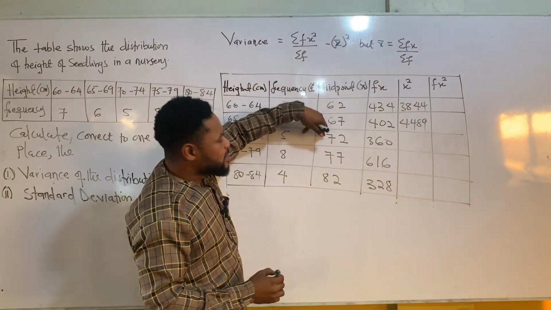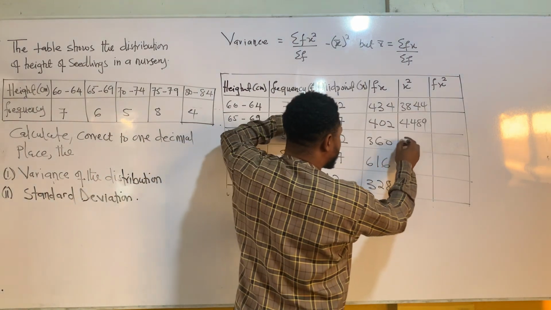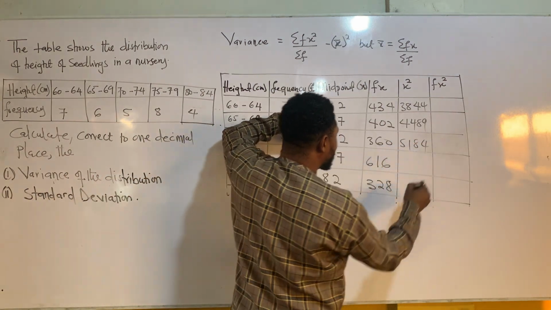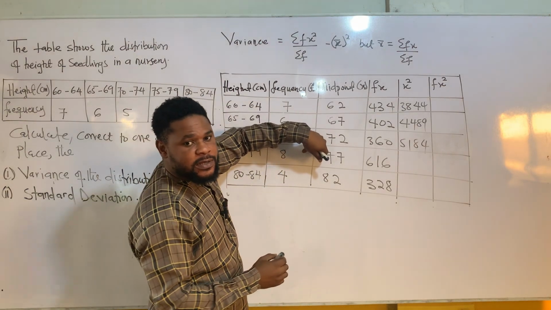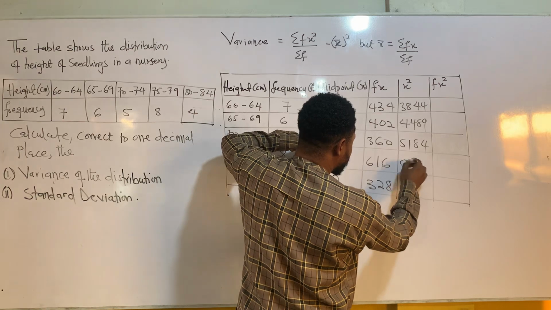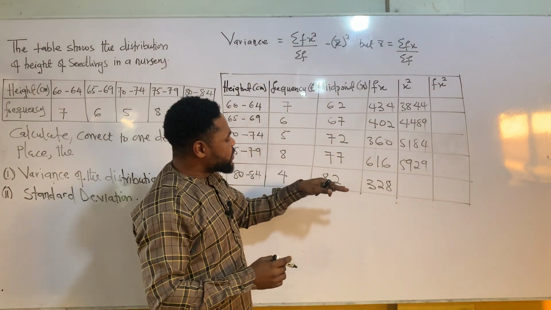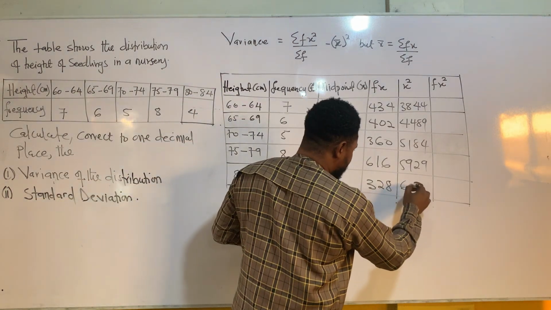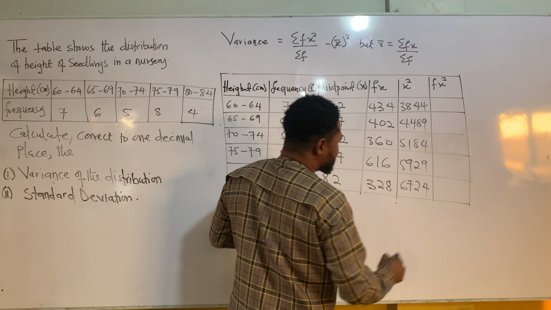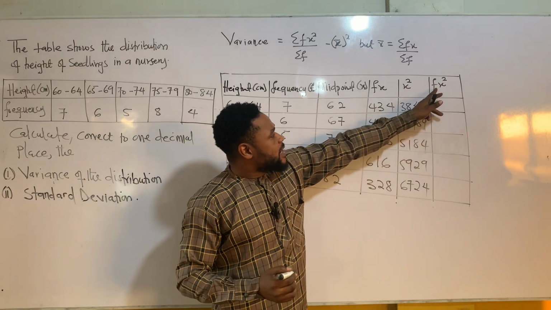All right. 72 squared, 5184. 77 squared, 5929. Okay, you check it and see 5929. And 82 squared, you have 6724.